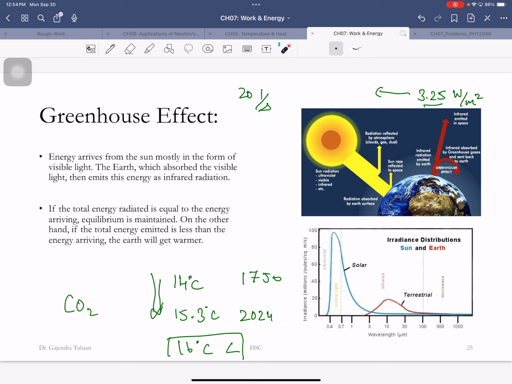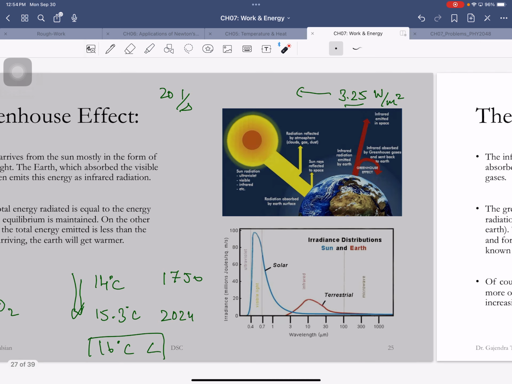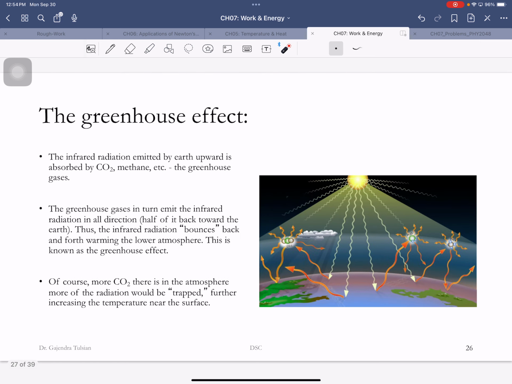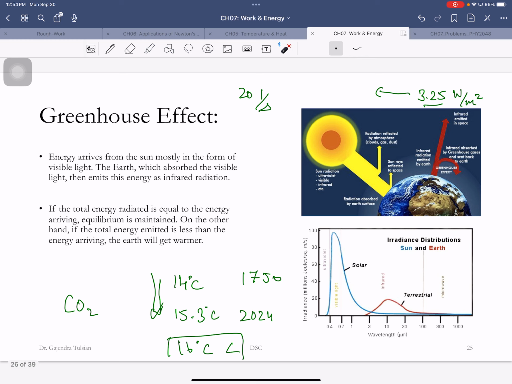Right, so now we'll see, why are we radiating less? If you were here in 1750, what you were getting is what you were radiating out, okay? All right, so why is that happening?